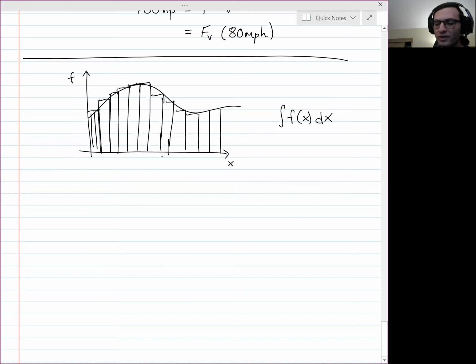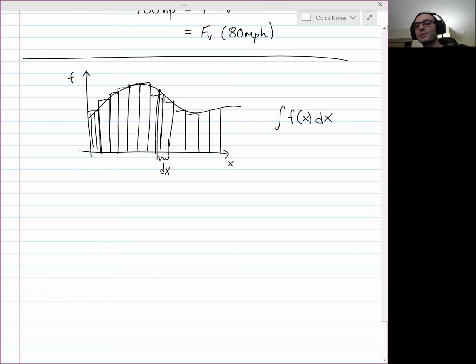The rectangles become infinitesimally thin. You multiply the height of the rectangle by its width, which gives you the area, and then you add up all those infinite rectangles. So really, what this symbol means is that the little curly s is a sum: sum up f of x, the height of the rectangle, times the width of that rectangle, and add them all up.